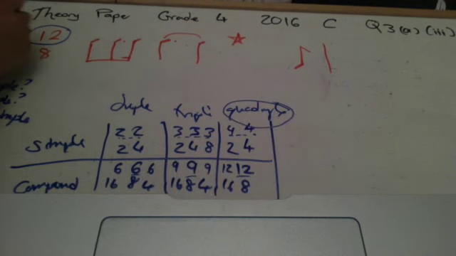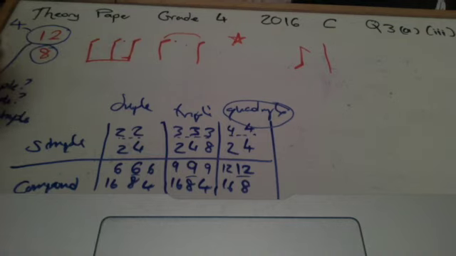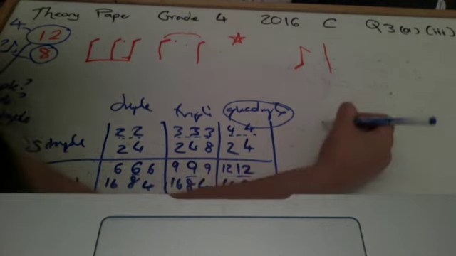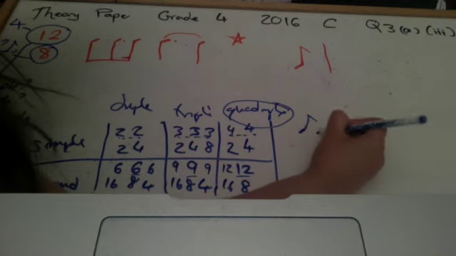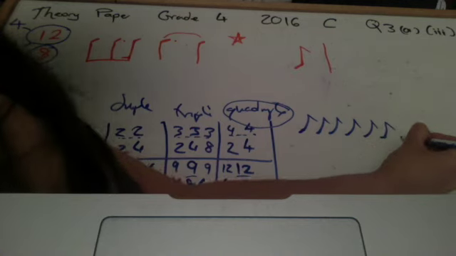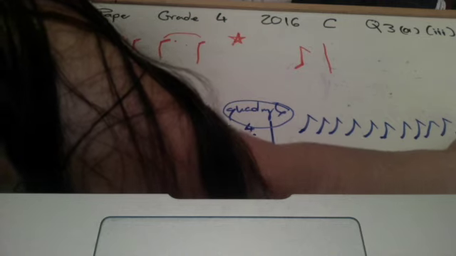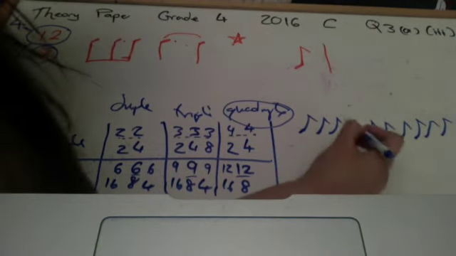So that tells us that there are actually 4 beats in this. Now the 8 at the bottom signifies quavers, and there are 12 quavers. If I write out all 12 of those quavers, we're going to go off the board, so what I have to do is group them in threes.